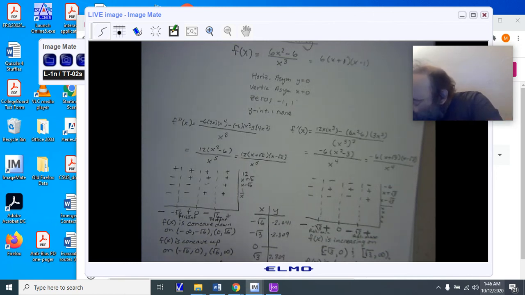And now when I draw my graph, I have my concave up from -√6, going up towards the 0.